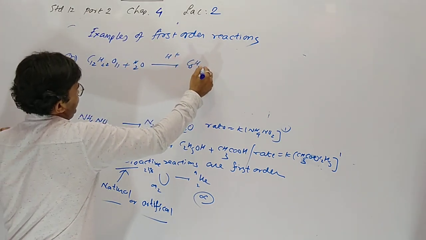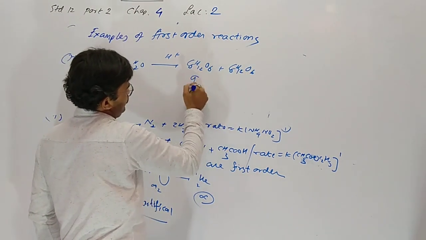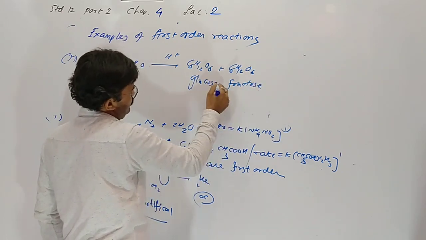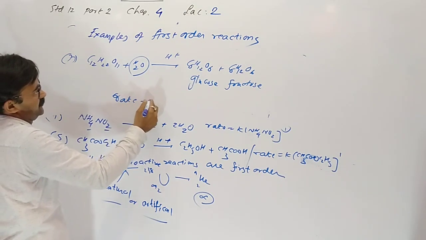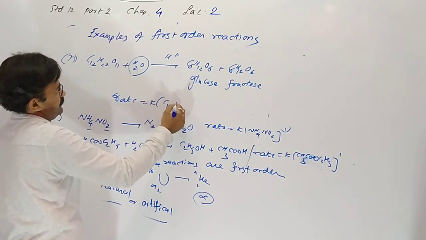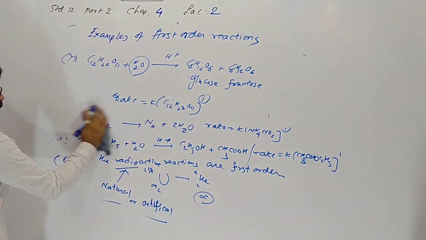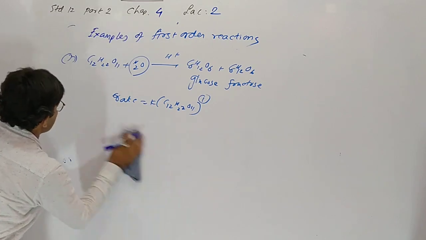In acidic medium it gives glucose and fructose. Here water is constant, so rate equals K, and the concentration is raised to 1. This one is also first order.